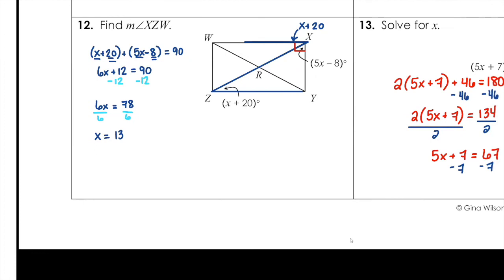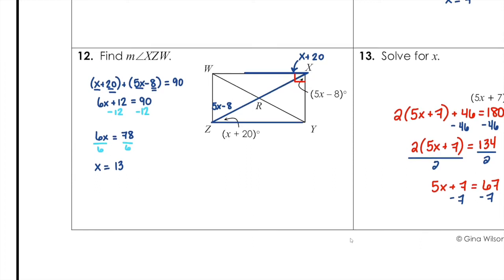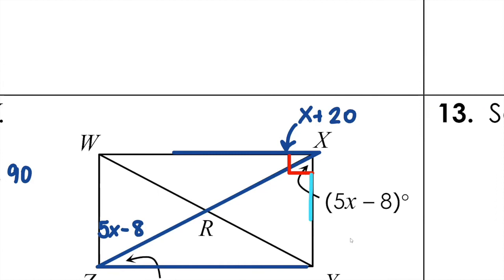And it wants us to find XZW. So XZW, we could really say is 5x minus 8. Alternate interior angles again. Does that work? X, Z, W. Are those alternate interior angles? Yep, so I can legally do that.